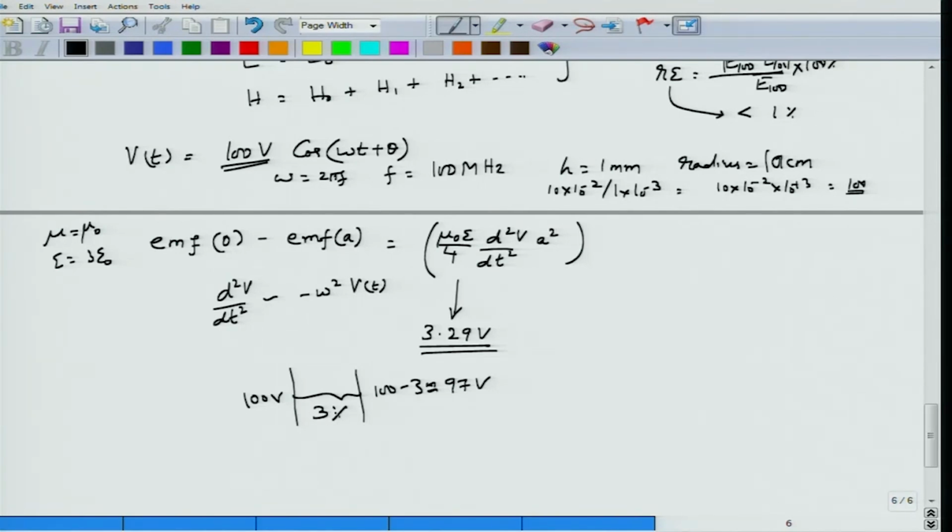So, what you see is that there is essentially about 3% change in the actual EMF values. If this 3% is large, then you are really not in the static regime, but if for your application 3% happens to be small, then you are in the quasi static regime. There are additional things that one can do.